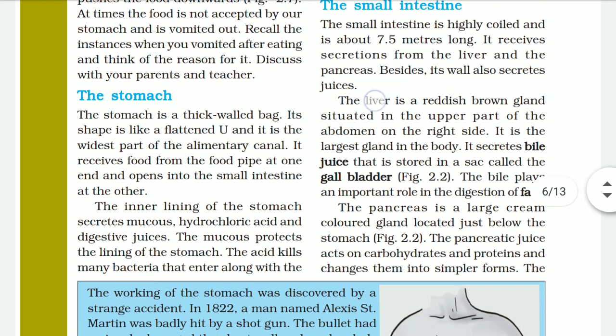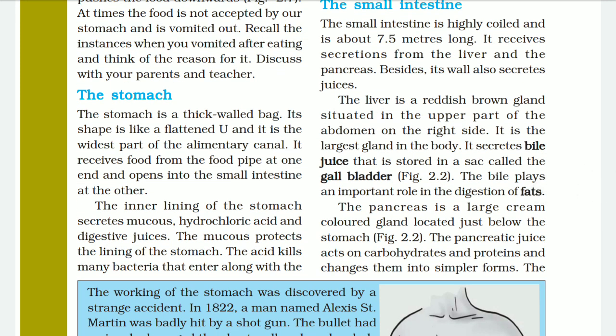The stomach. The stomach is a thick walled bag. It is shaped like a flattened U, and it is the widest part of the alimentary canal. It receives the food from the food pipe, and at the other end it opens into the small intestine. The inner lining of the stomach secretes mucus, hydrochloric acid and a digestive juice.